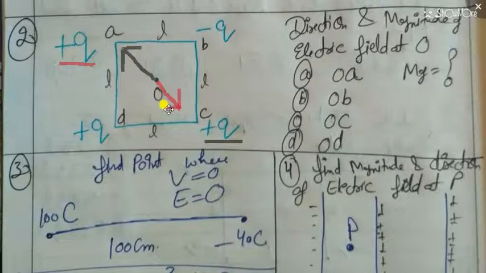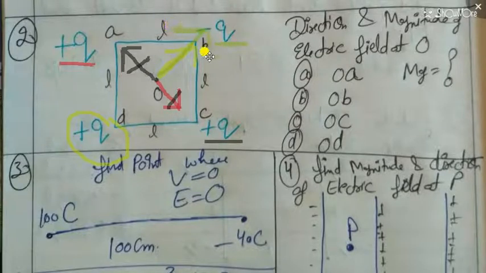These two are equal in magnitude but opposite in direction, so they get cancelled out, and the electric field due to this positive charge at O will be in this direction. I hope this is clear. And the last one, the electric field due to this negative charge will be in this direction.